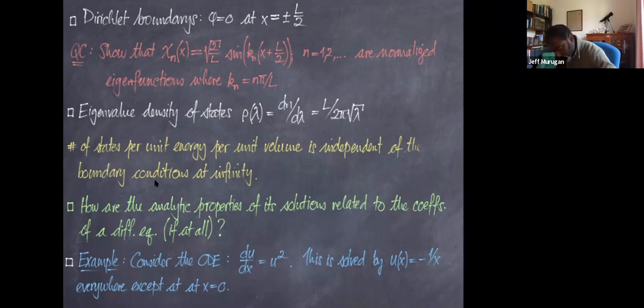So this results in two distinct, or let's say disconnected, branches of real solutions.